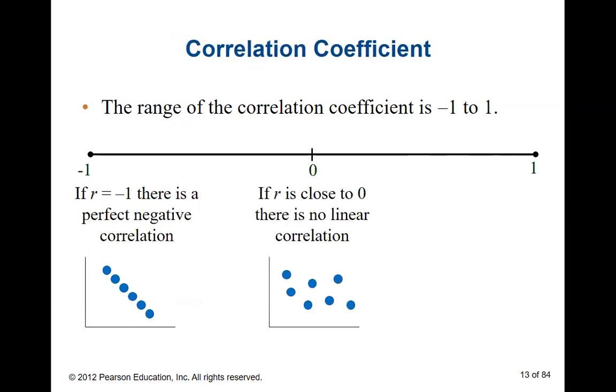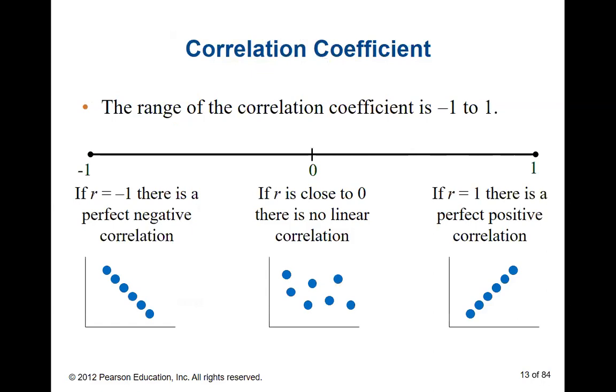And then this is the part that's kind of interesting. The closer you get to 0, whether it's -0.03 or +0.07, even something like 0.21 is closer to 0 than it is to 1. And the closer you get to 0, that's when it looks more like that scatter shot, and there is no linear correlation.